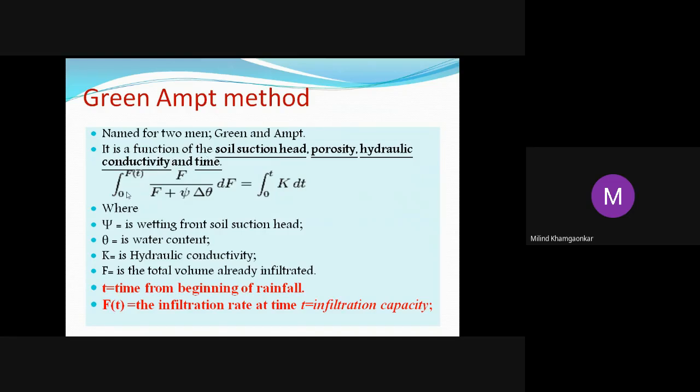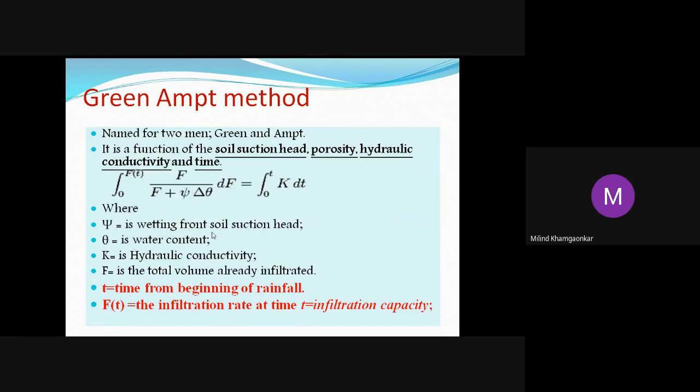So this formula has been given: the integration from 0 to F of F by (F plus psi delta theta) dF is equal to the integration from 0 to t of K dt. The significance of the various symbols is given here.